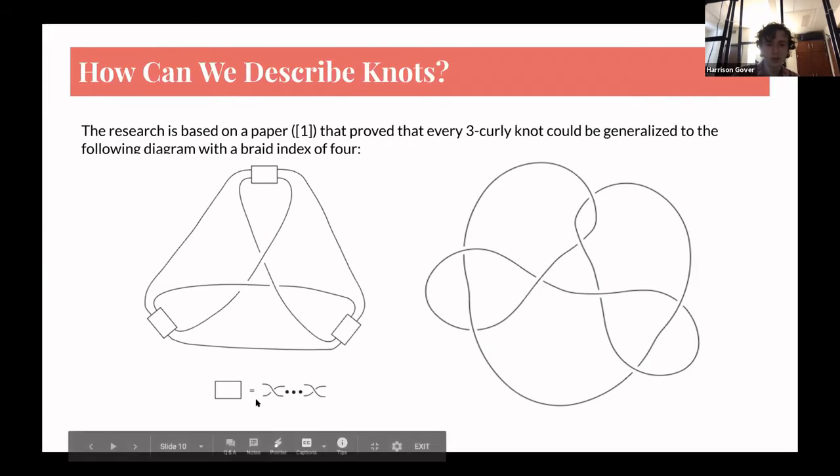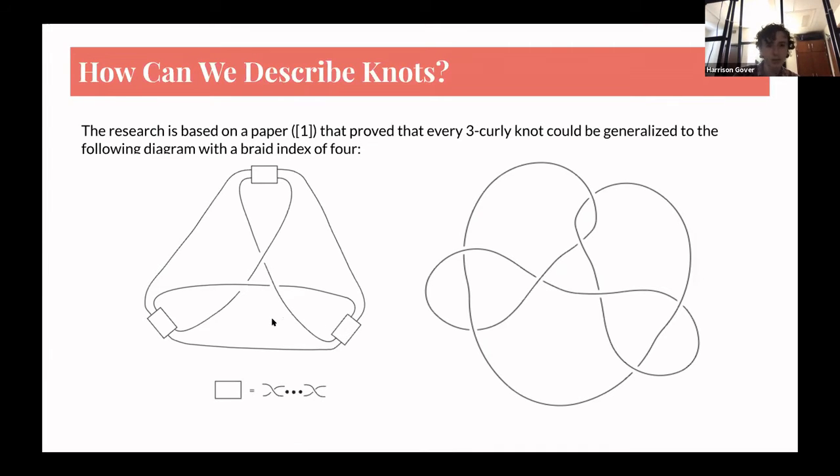The more of these crossings that are inside of the box changes the knot. Here's a representation of an example on the right side. You can see that the top box has 1 half twist inside of it, and the bottom 2 each have 2 half twists. And the number of half twists is the same as the number of crossings.